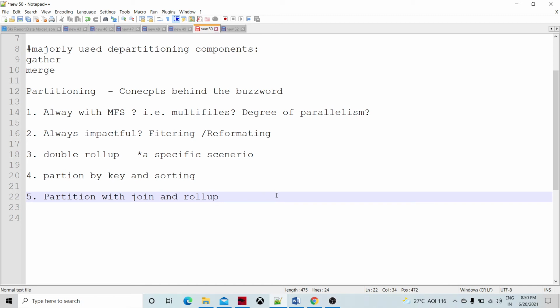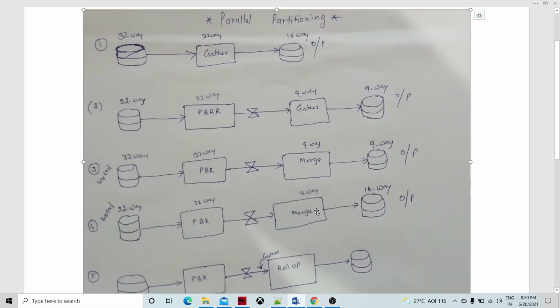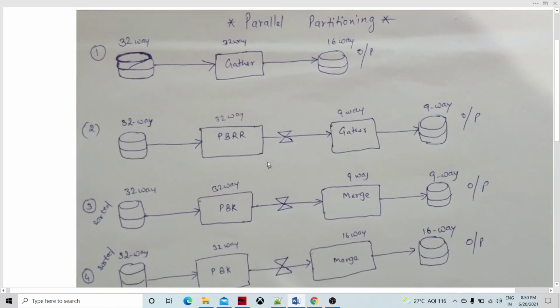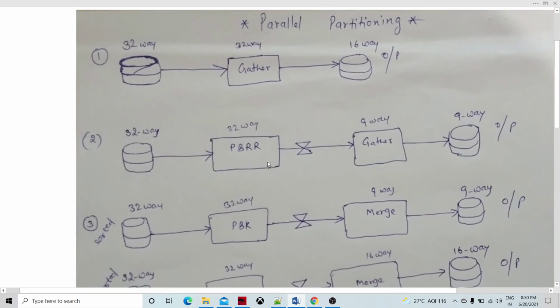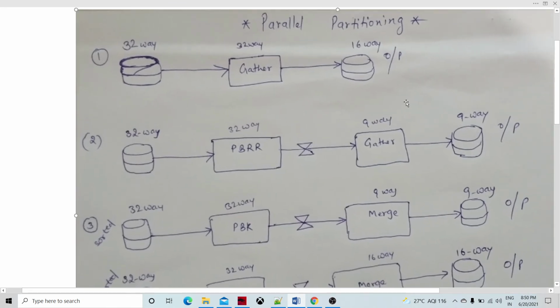So partition 0 is not going to talk to partition 1 while processing the join component. Let's see what the different scenarios in partitioning are. Let's look at this snippet, a rough graph design, enlarged a little.